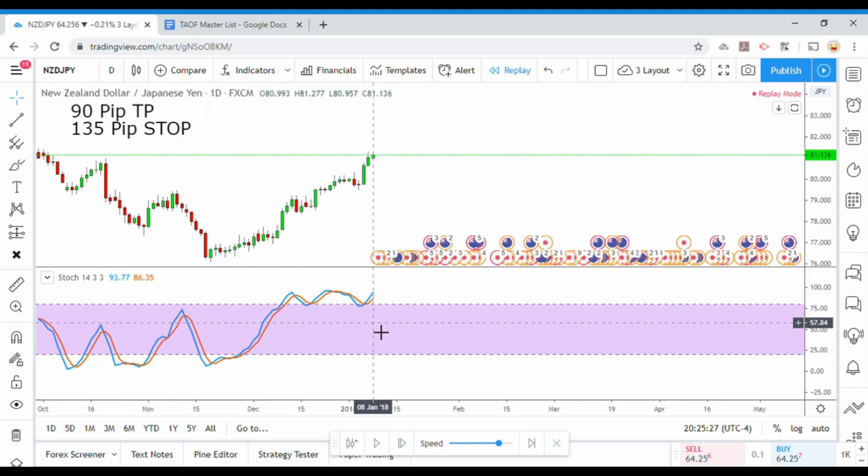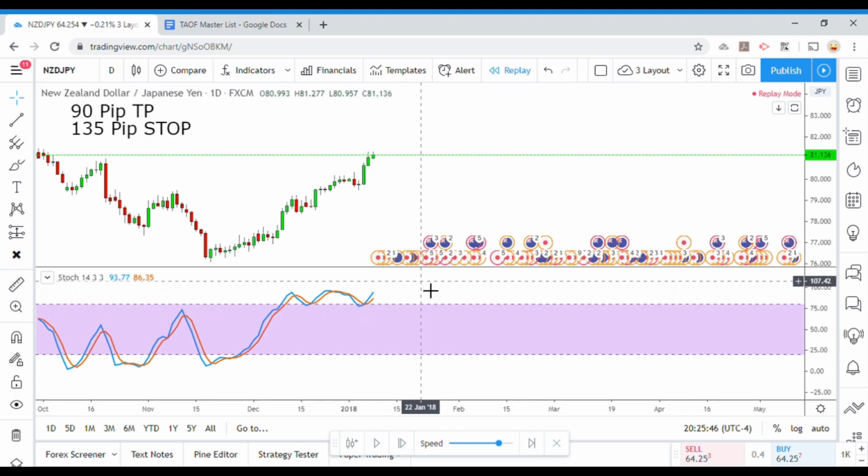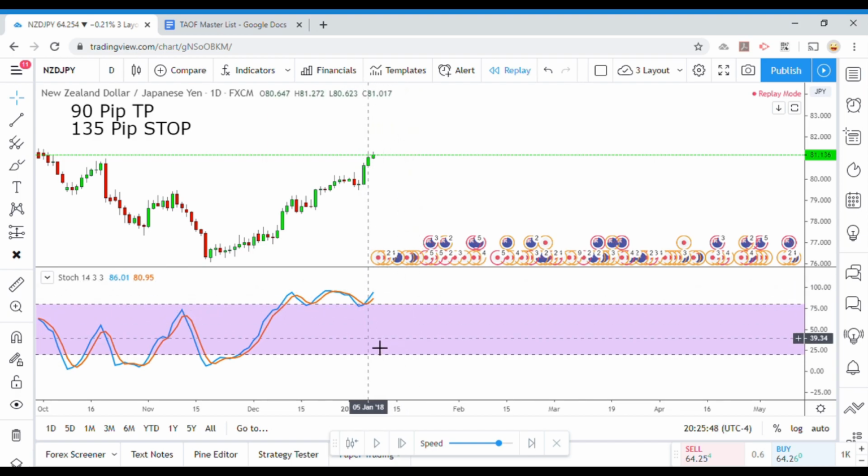It has two lines, as I mentioned before, the K and the D. The question is, which one are we waiting to cross back into, out of the overbought, oversold area? Is it both of them, or is it just one of them? Personally, I like to see both of them cross back out of the overbought, oversold.